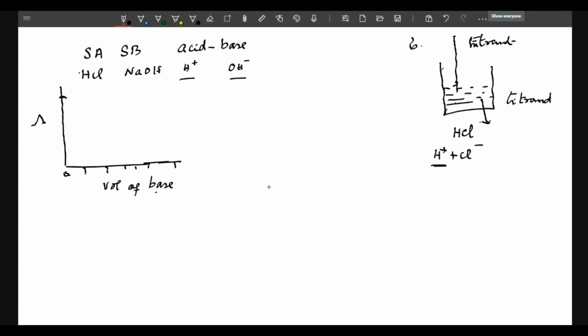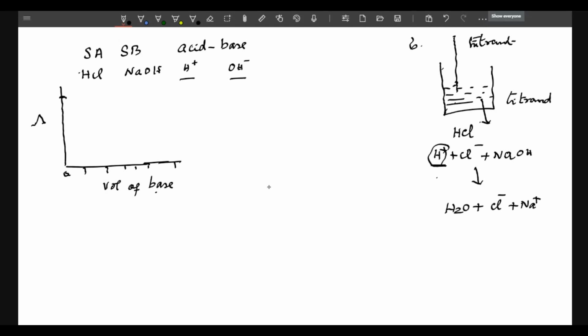Then you add the titrant sodium hydroxide. The OH minus will snatch some H plus ion, forming water. In addition to this, Cl minus and Na plus are present.